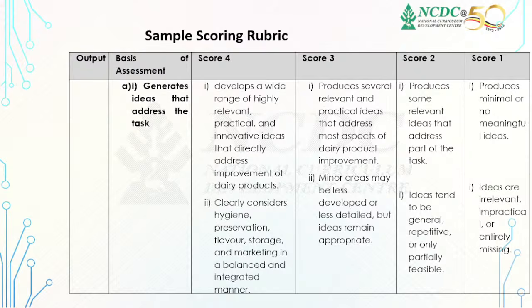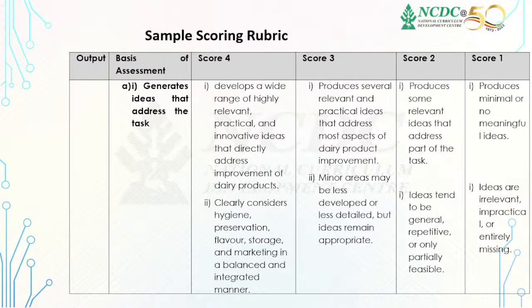Is it a high level of innovation and creativity, because you're adding value? There must be originality. Have the learners simply chosen a recipe from a particular book, or is there a high level of creativity? And at the end of the day, there must be an improvement strategy of the dairy products.